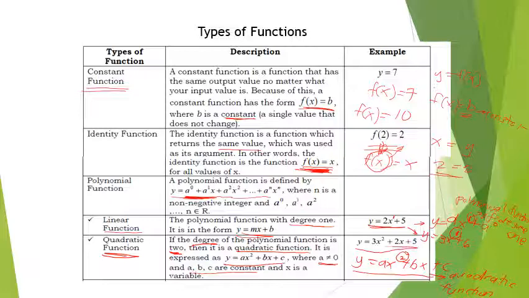Quadratic yan. Kasi yung highest degree ng independent variable na x ay 2. Kung yan ay magiging ganito lamang, y is equal to 2x plus 5, siya ay linear function. Kasi ang highest degree ng x ay 1.